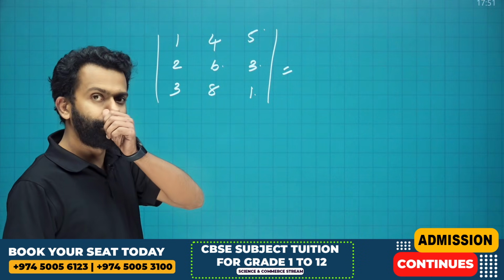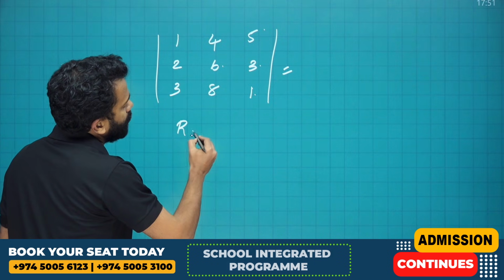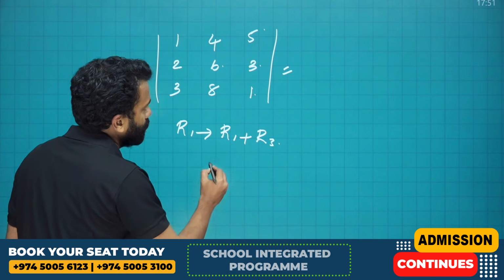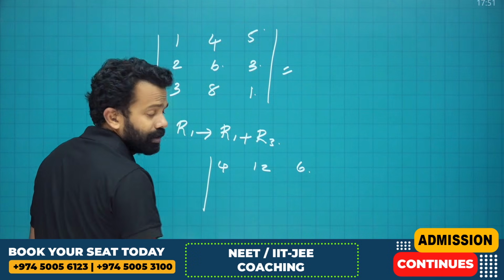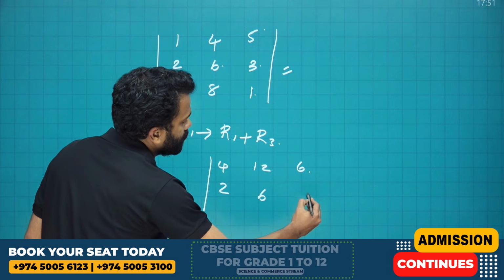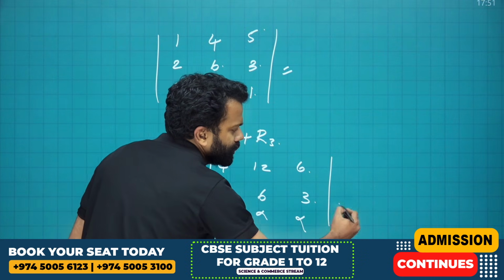It's 0. Why? Because if you present it like this, R1 changes to R1 plus R3, then this determinant becomes 4, 12, 6. The first row becomes that. And what about the second row? 2, 6, 3. Right? You don't have to write this one. The value will be 0.